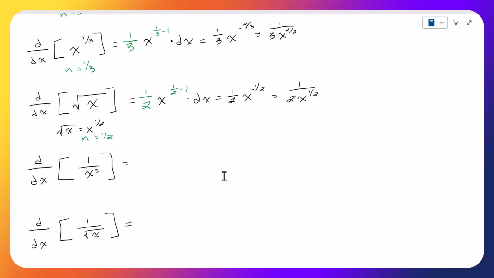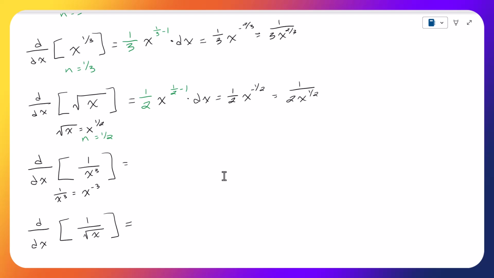Next example, now we have 1 over x cubed. Well, this sort of looks like our power rule, except our variable's on the bottom. But just how we've been taking our negative exponents and making them positive by moving it to the denominator, we can do that rule in reverse and take our exponent and make it negative so that our x to the n is now on the numerator.